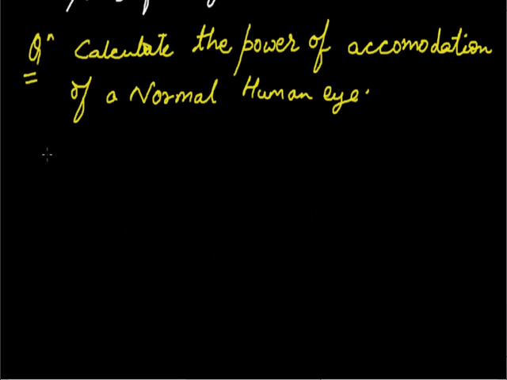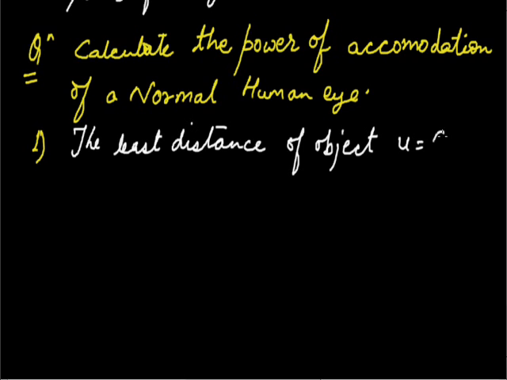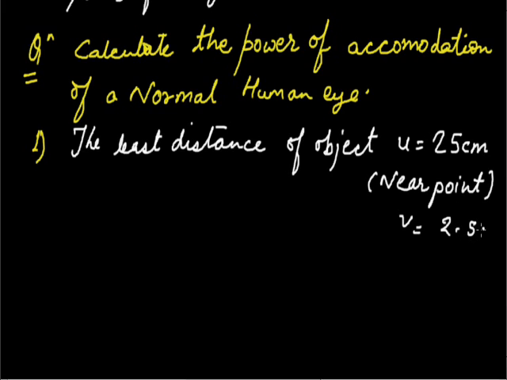See, the first case is that in which the object is at the near point. The least distance which is possible is 25 centimeter for the near point. But the value of image distance is again only 2.5 centimeter.